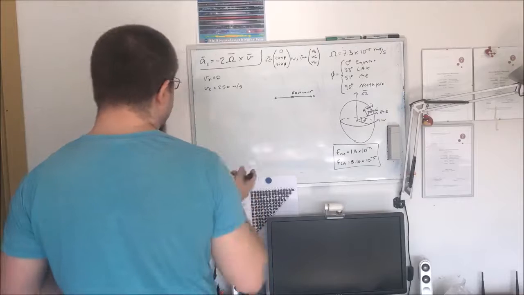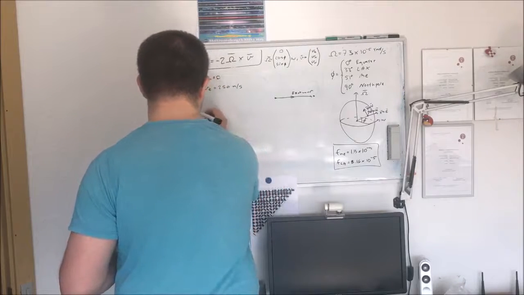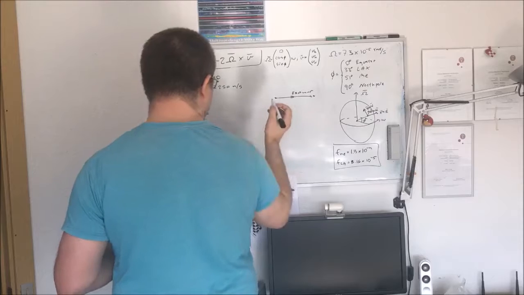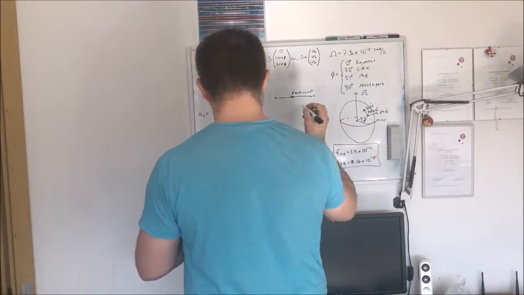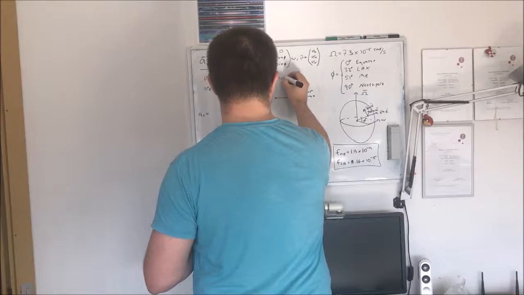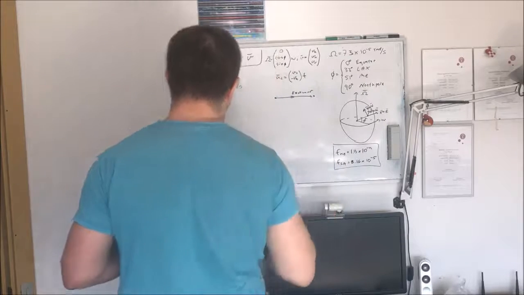So we get that the Coriolis force, or the Coriolis acceleration, is equal to, remember the minus, we had minus Vn, let's put it up. Ac is equal to Vn minus Ve times f.